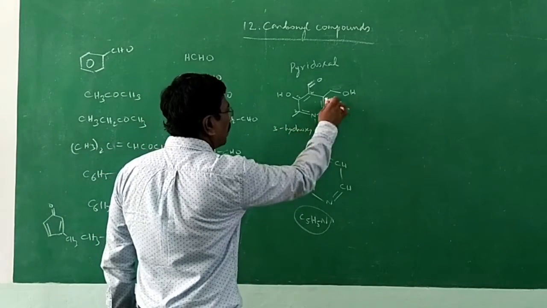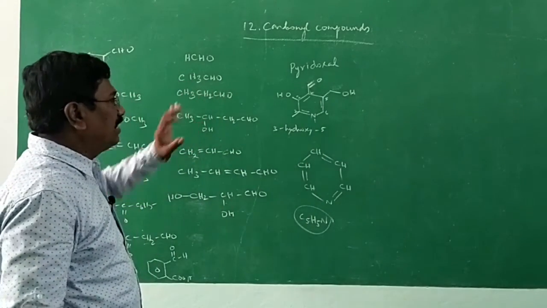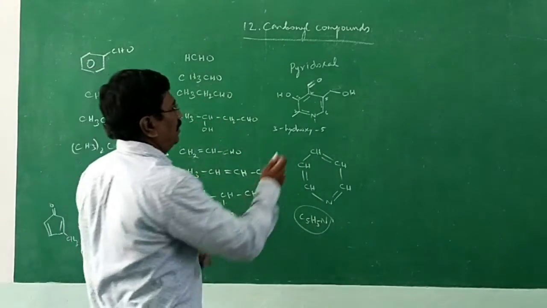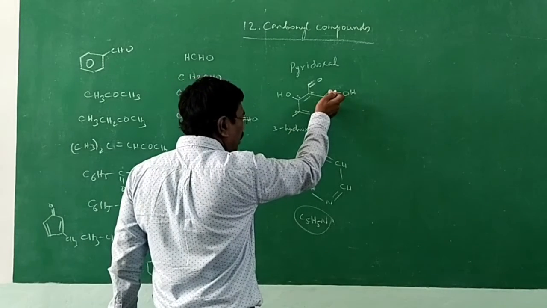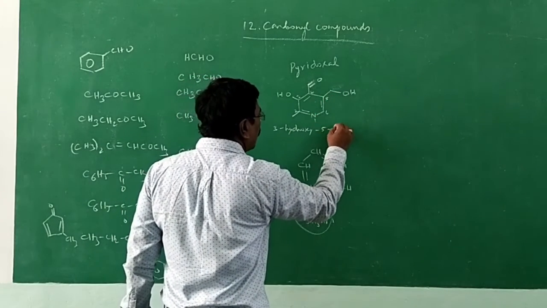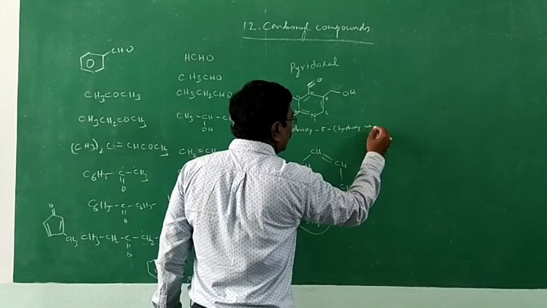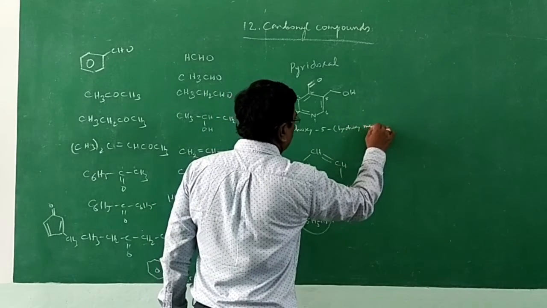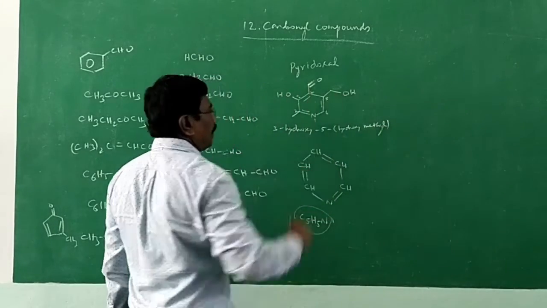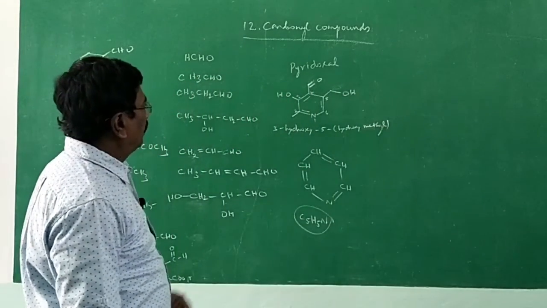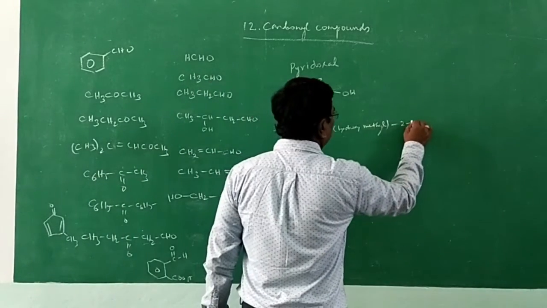One more we have at the fifth carbon, but it's not simply hydroxy, it is hydroxymethyl. CH2OH, hydroxymethyl, not methanol. 5-hydroxymethyl. And then at the second carbon atom we have a methyl, 2-methyl.